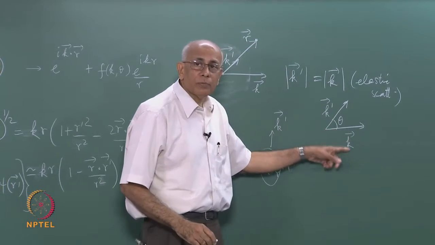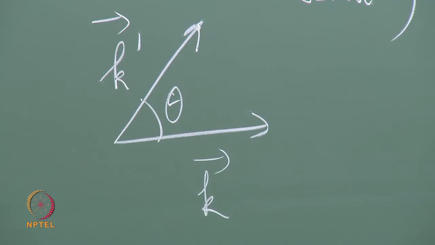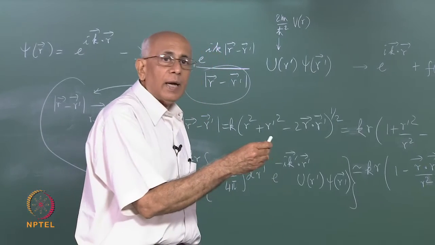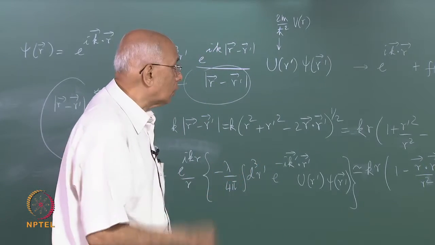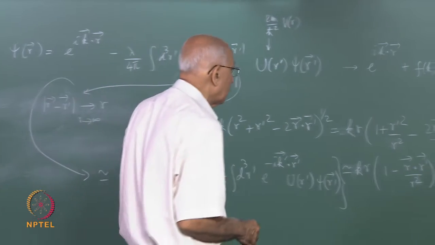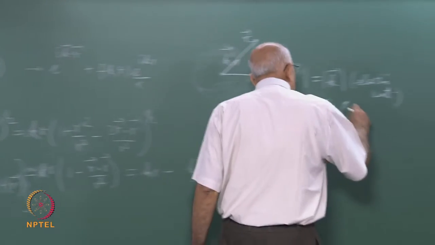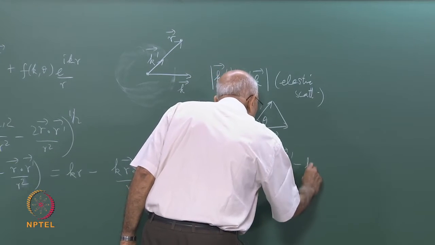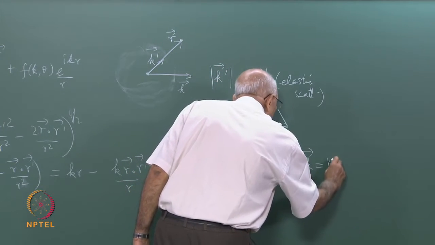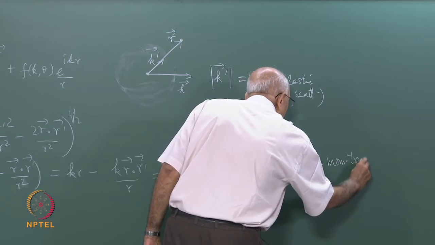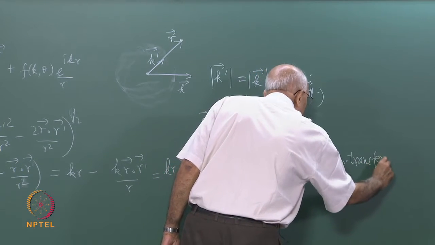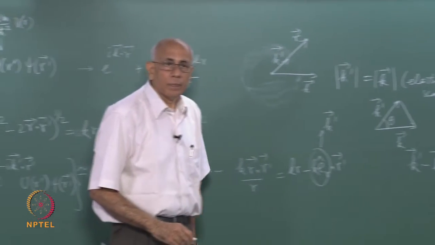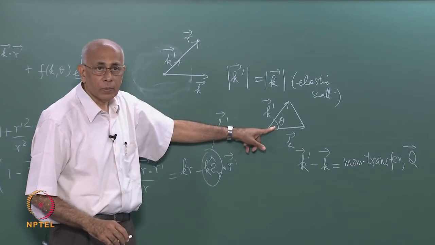The magnitudes of these two vectors are the same. The energy is h cross squared k squared over 2m. Incident momentum and scattered momentum are the same in magnitude, and there is a momentum transfer. So k prime minus k is equal to the momentum transfer, let us call that q, and that is the scattering angle out here.